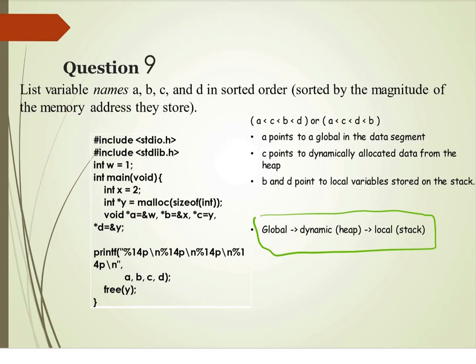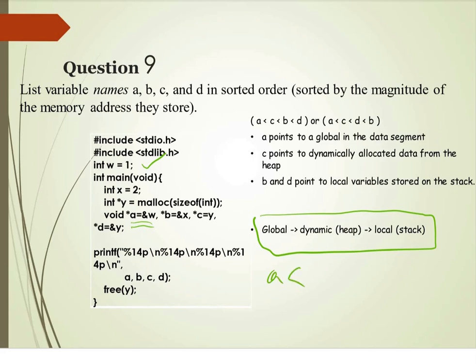So first of all, we need to look for the global variable. In this case, a is pointing to w, which is a global variable. So a will be stored first, because it is pointing to a global variable.